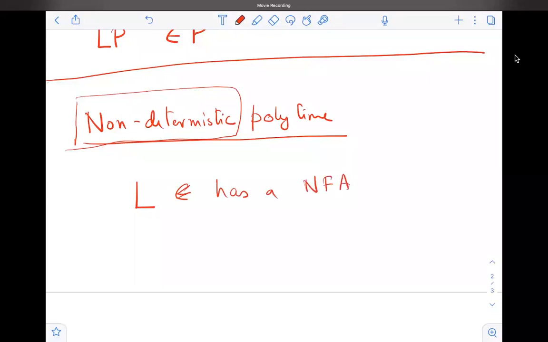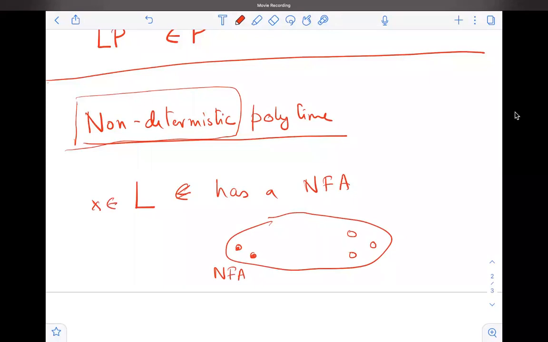That means I have been given an NFA, with maybe one or multiple start states, and there are some end states. If I want to check if X is in L, how can I get it? This machine is too complicated for me to understand.